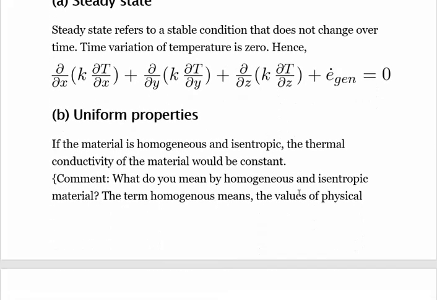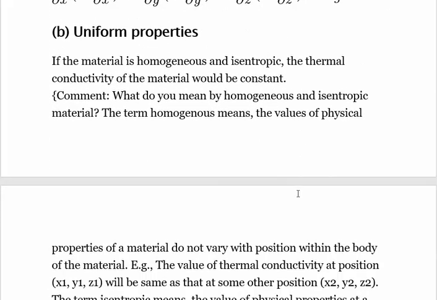Next we have uniform property. If the material is homogeneous and isotropic, the thermal conductivity of the material would be constant. What do we mean by the terms homogeneous and isotropic material? The term homogeneous means the value of a physical property of a material does not vary with position within the body of the material.